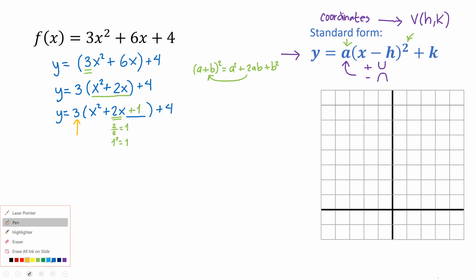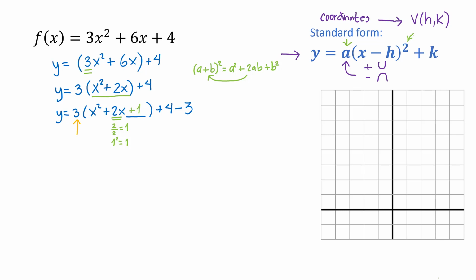And remember that in equations, you can't just randomly add a number, because by adding this number, it's no longer the same thing as the function that I had originally. So I need to balance the equation. And to do that, since I just added 3, I need now to subtract 3 to keep the same value that I have.